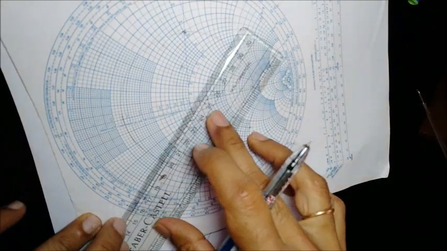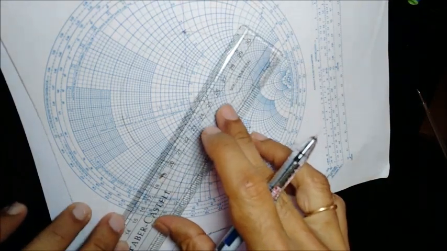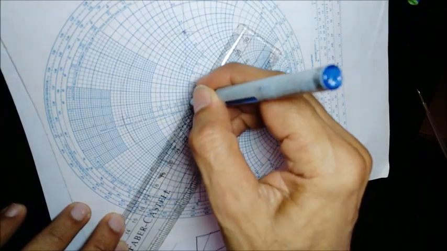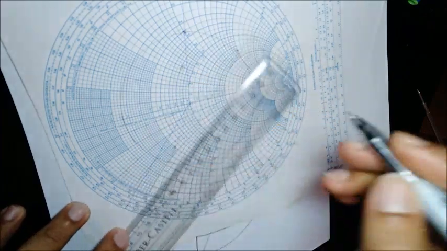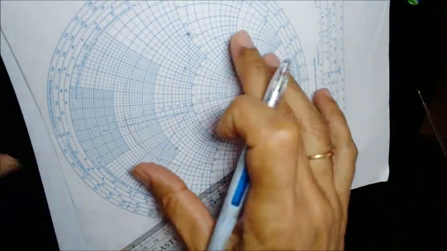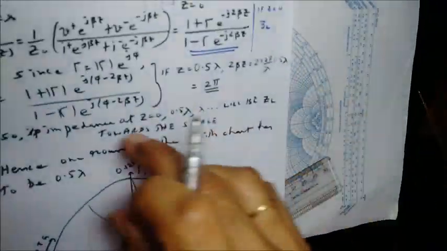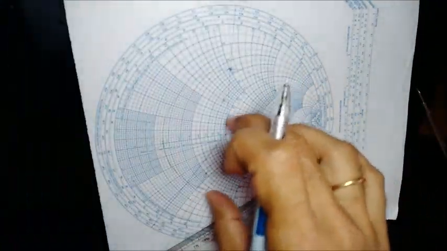So again, I'll draw a straight line from the origin. So the magnitude gamma, if you go back to the expression, magnitude gamma remains the same. That is why we kept the circle radius the same.